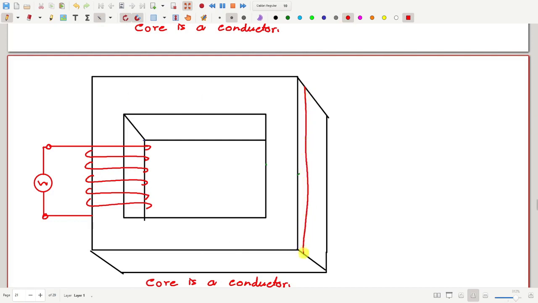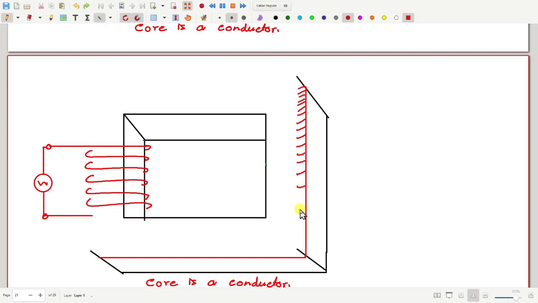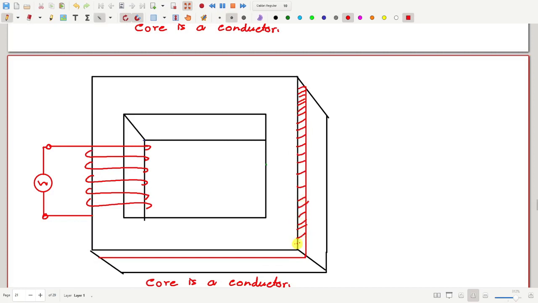Let me cut out one slice. This portion is one slice.